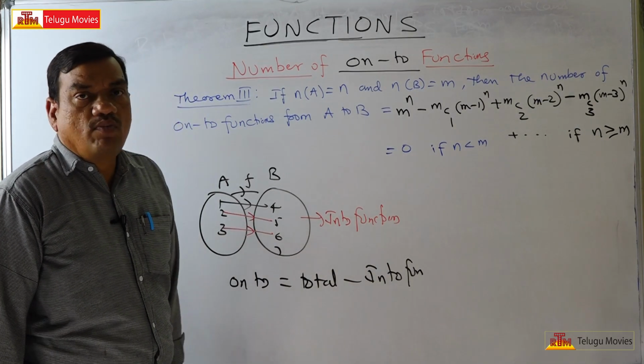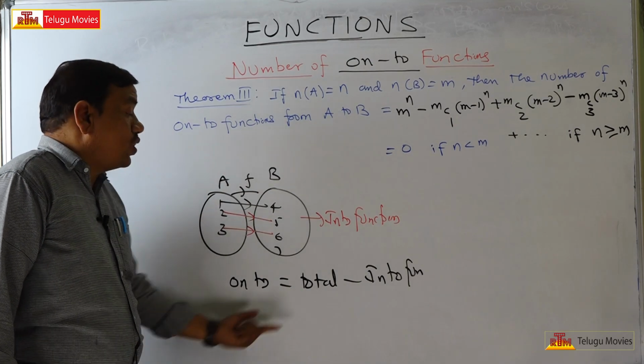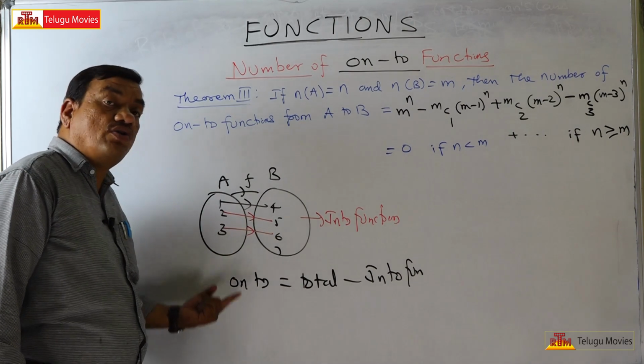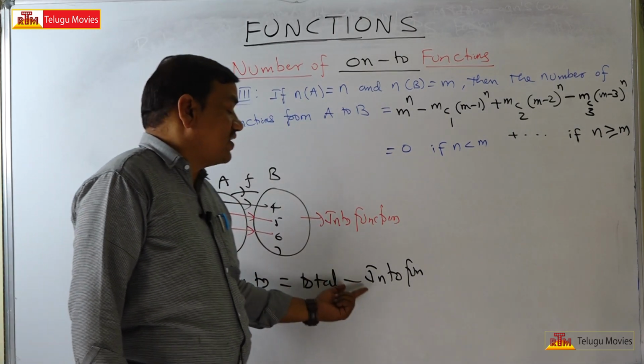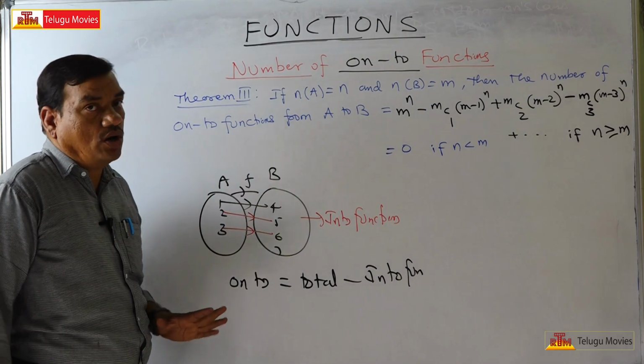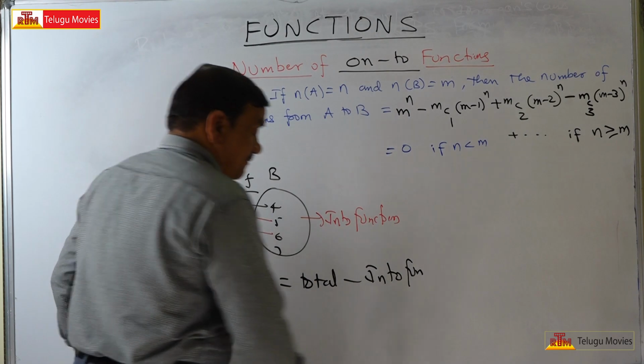Understand this? The problem will be over. Then how to do this? Onto functions equals total number of functions minus into functions. Otherwise, if you want to find into functions, it is total number of functions minus onto functions. That means a function is either into or onto. Okay, now let us start our proof.